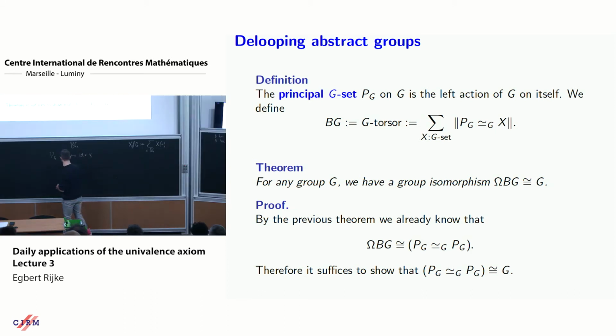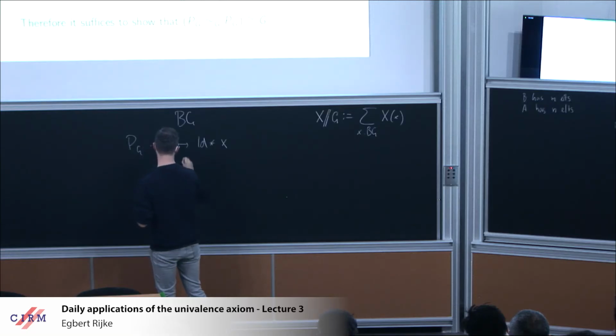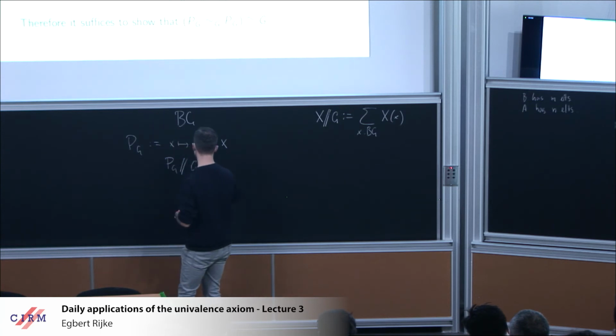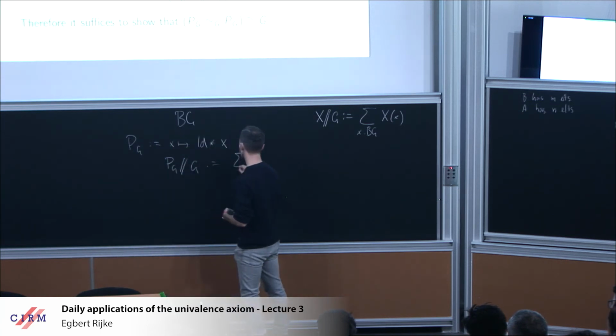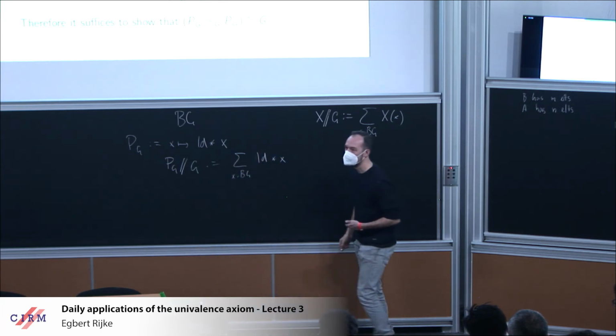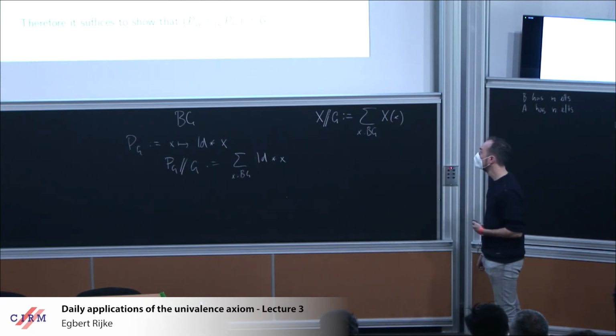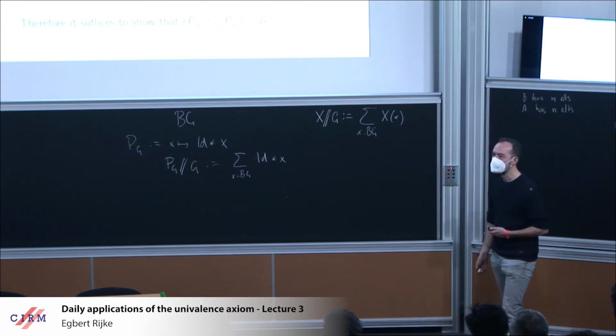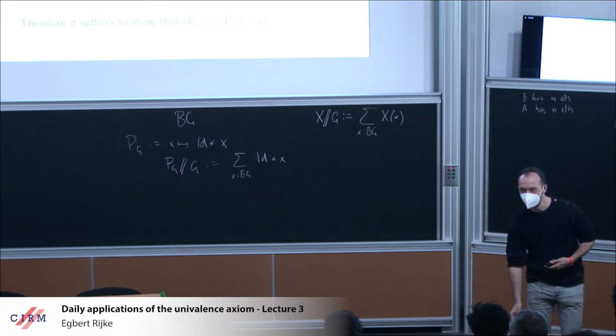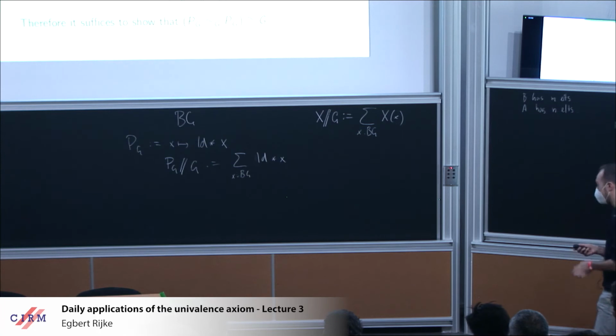Now PG modulo G is the sigma type of X in BG, star equals X, with the identity type. But this is contractible. Yeah, no, there has to be a truncation there. I'm sorry.